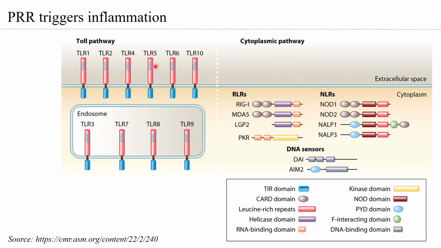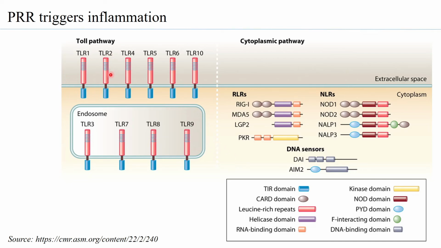So when you have the TLR binding to a molecular pattern on a pathogen, you will have a change in conformation in the extracellular domain, which will in turn lead to a change in the intracellular domain, and that will lead to a signal cascade. That is with respect to toll-like receptor.